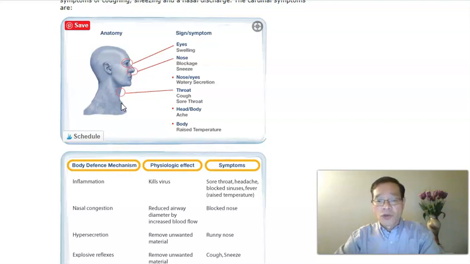In this stage the virus may also replicate in the sinuses and cause sinusitis, which will indicate some headache. Of course, the body will mobilize immune cells against this virus, and that may cause fever. And we know fever is a good sign that our system is mobilized against this virus invasion and trying to destroy it.